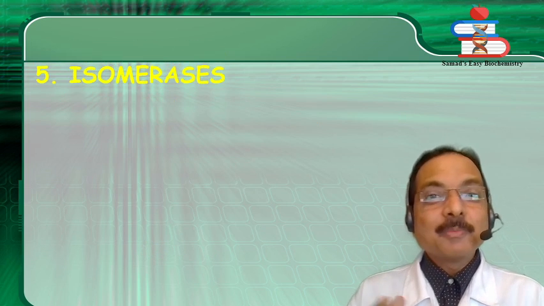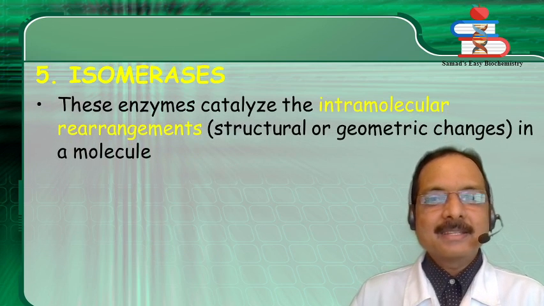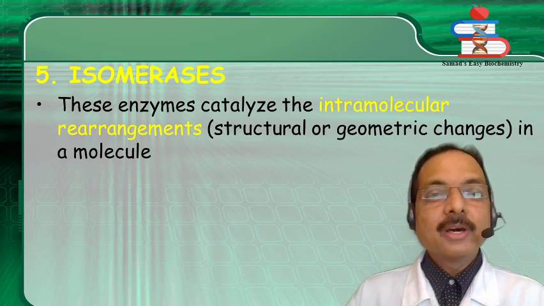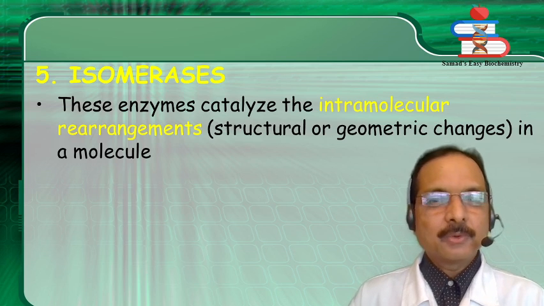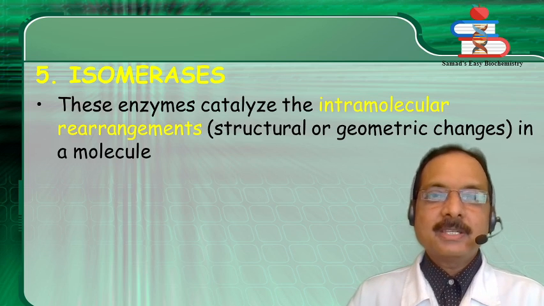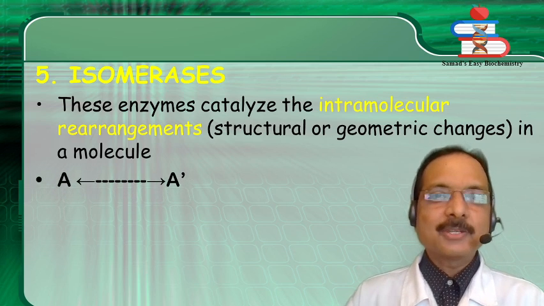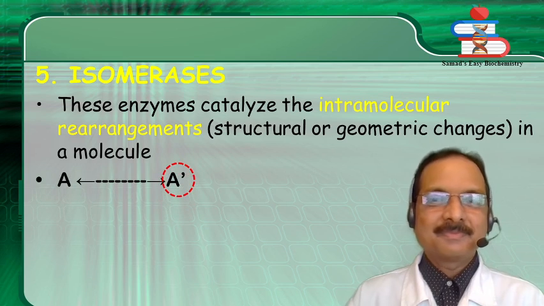Next, isomerases. These enzymes catalyze the intramolecular rearrangement in a molecule. Now, these could be structural or geometric changes. Example, A is isomerized to A dash.